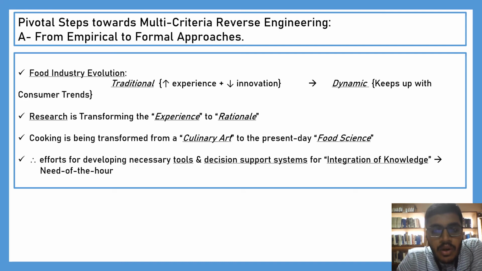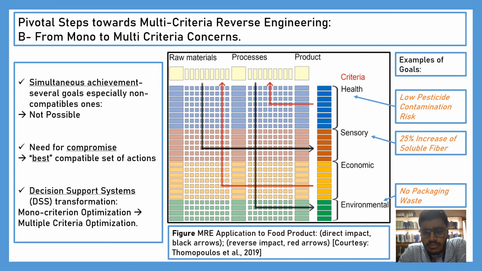So coming on to the next step of multi-criteria reverse engineering. Having seen the first step as reverse engineering, the next is to incorporate multiple criteria. Often, let's say, for example, ice cream. If I ask a consumer what exactly do you look for in ice cream?